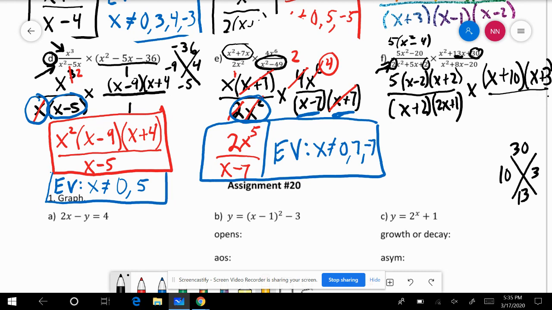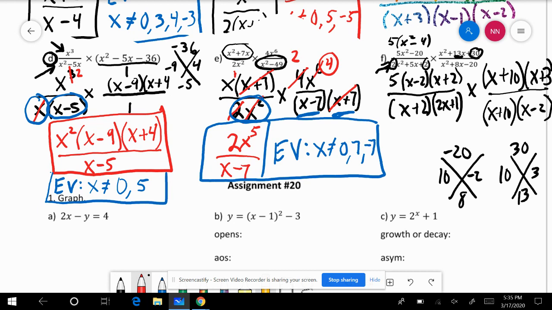In the denominator, we're looking for two numbers that multiply together to give us negative 20 and add up to 8. That would be 10 and negative 2. Now for the fun part. We're going to be canceling. X plus 10's cancel. X minus 2's cancel. X plus 2's cancel. And that looks like everything.